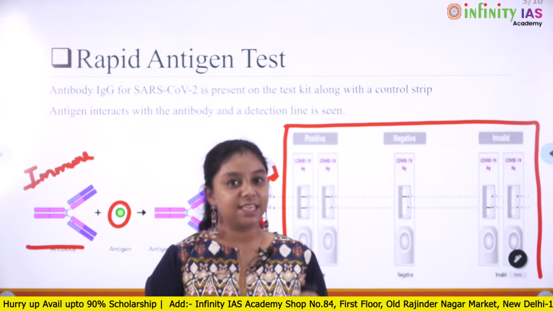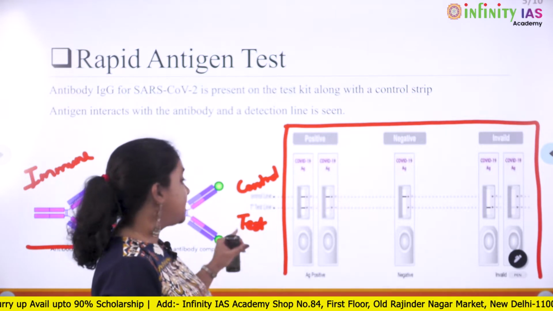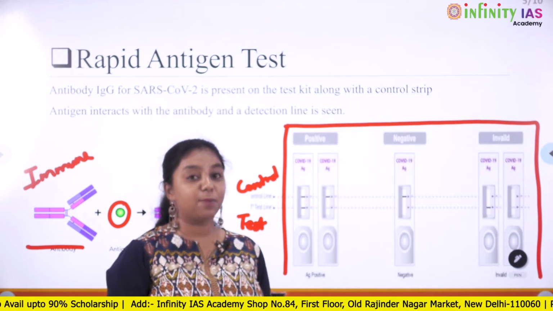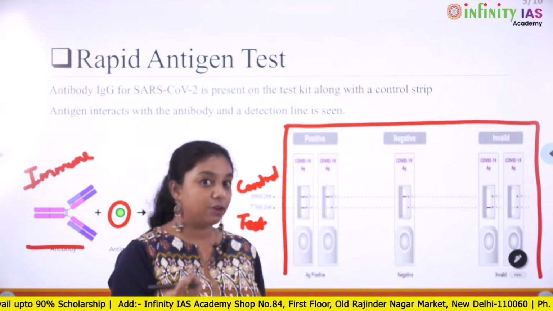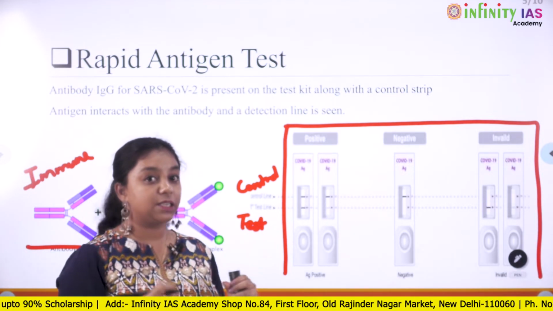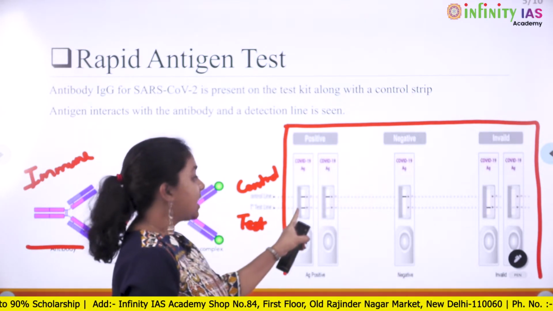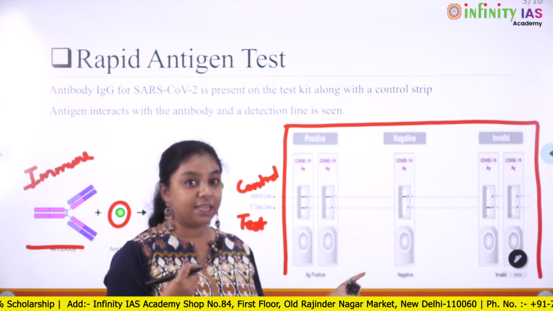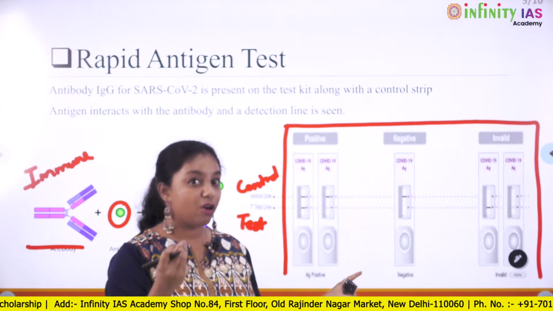It is how the testing kit is designed, whereas the test line may or may not be present, depending upon whether the person is COVID positive or COVID negative. Suppose the person is COVID positive, there are antibodies on this line. The antigen, the foreign material, is taken from your saliva or the swab.